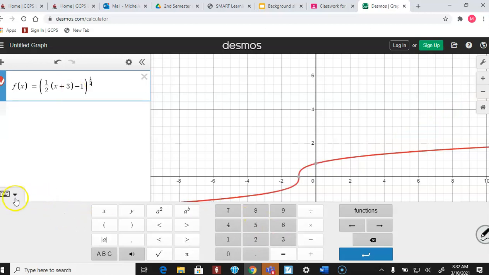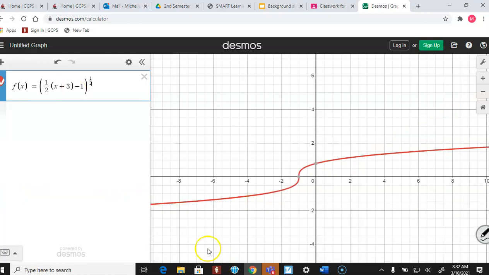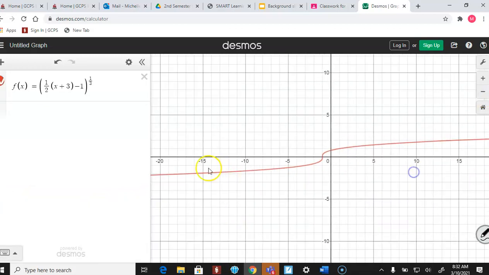All right, so you should notice this graph looks significantly different from what we did before. So notice, again, this is going to go out to the left continuing and out to the right continuing because it's a cube root function, okay? So on this one, you can see a point of transition here, and you can see where it crosses the x-axis, and you can actually see where it crosses the y-axis as well.